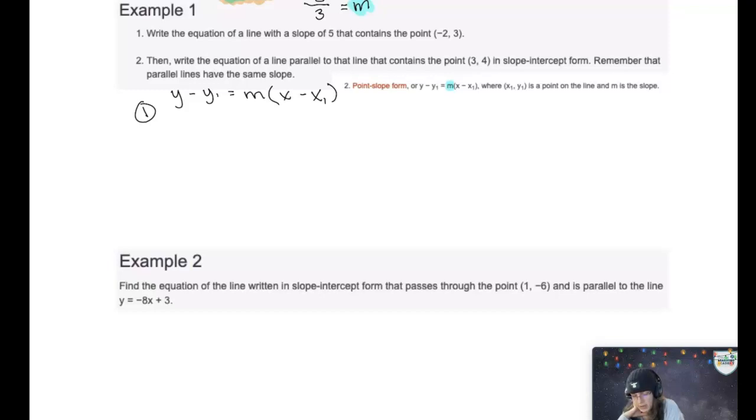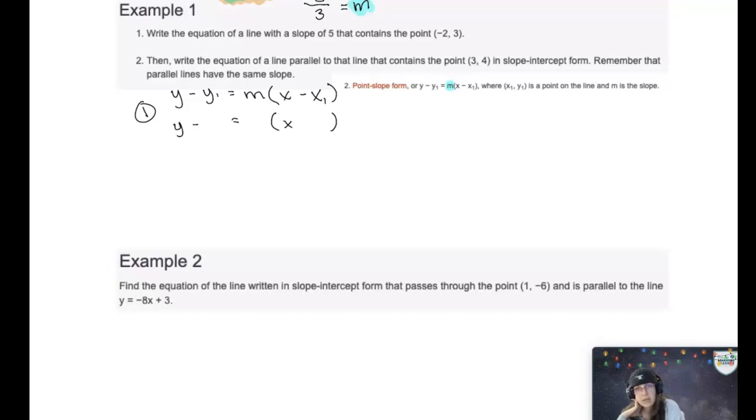So really, for one, all we're really doing is substituting in. So I'm going to go ahead and write out the equation for the things that we will not be substituting.